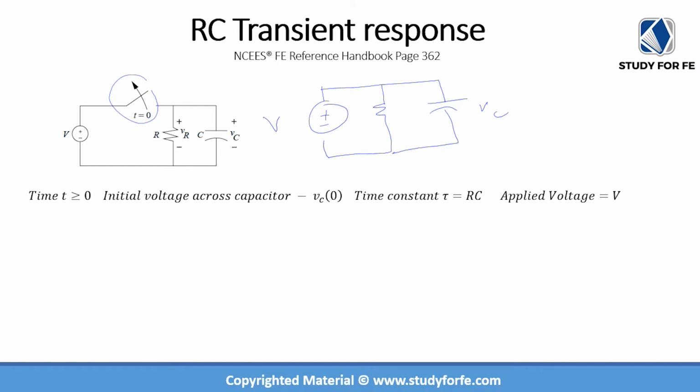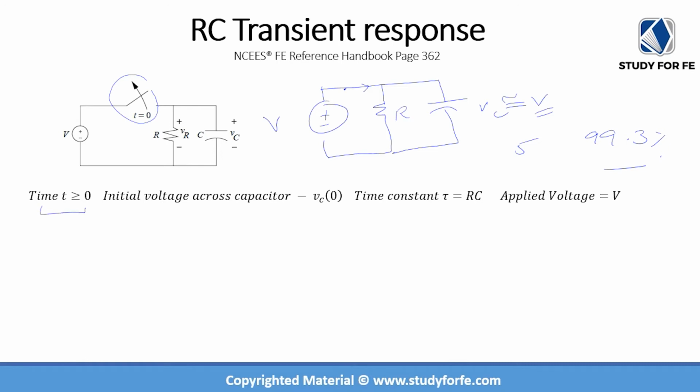So if the circuit were to stay in this position with the switch closed for a very long period of time, and you know that 5 time constants was basically bringing us at about 99.3% charge, so greater than 5 time constants would actually be long enough. So the capacitor voltage would be almost equal to the voltage that is applied by the voltage source. And then you have this resistor R.